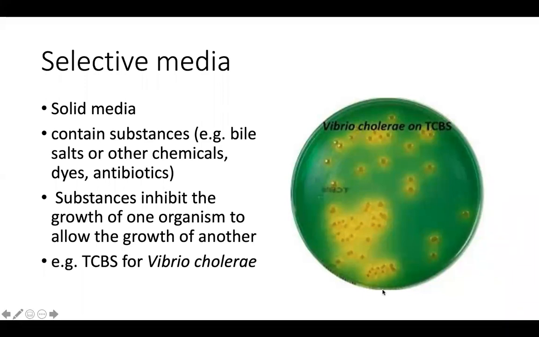So yes, you could say enrichment media is a selective form, but you are enriching the numbers of your bacterium of interest. Then when you have good enough numbers, usually in 24 hours, you subculture onto the selective medium so you're able to see your colonies.